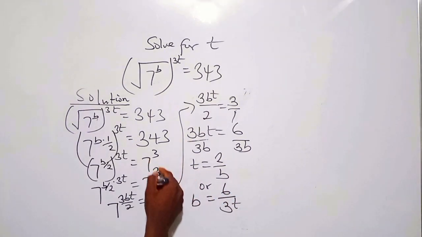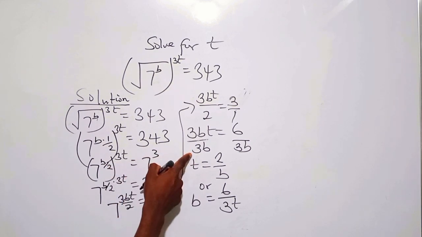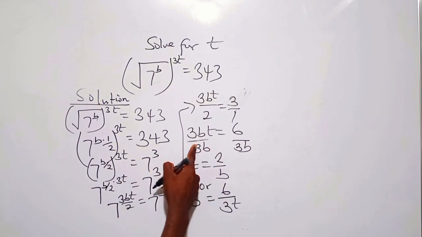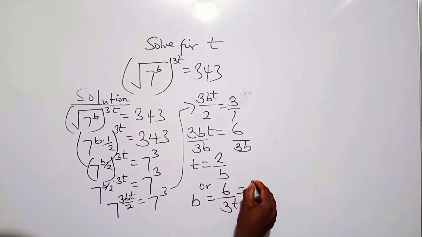It means we are dividing both sides of the equation by 3t. So when we divide both sides of the equation by 3t, we'll be having just b. So 6 over 3t is the same as saying 2 over t.